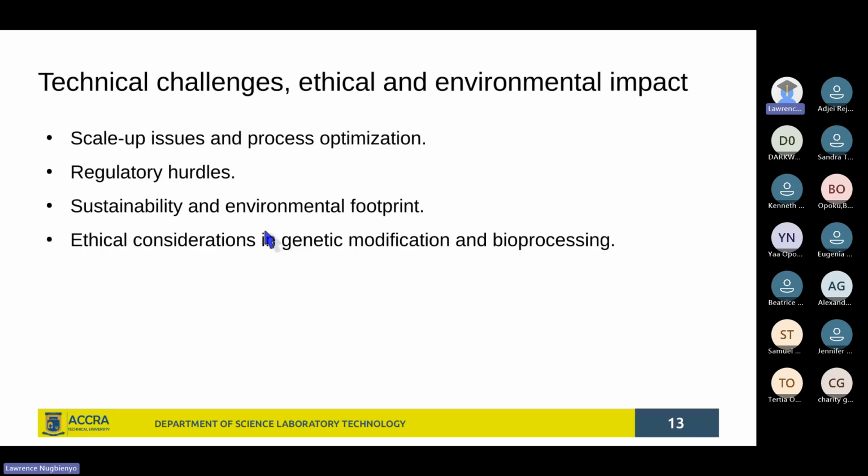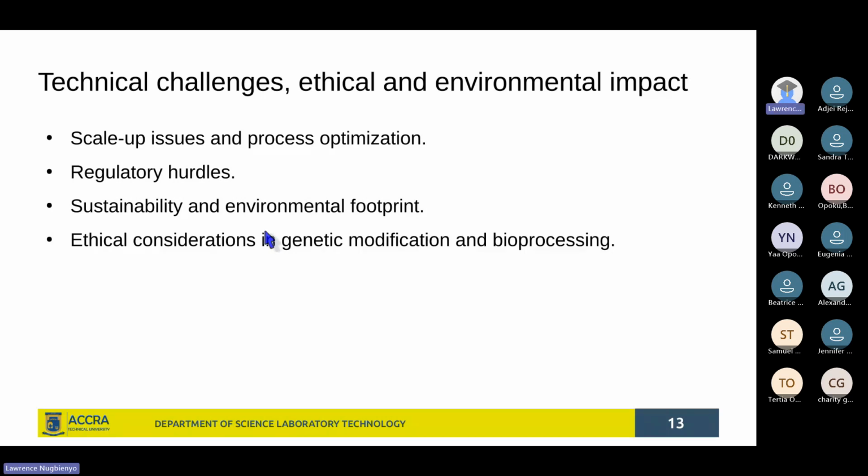So anytime any group of scientists is designing a new technology, these are things that have to be considered: sustainability and the environmental impact of the technology being introduced. Of course, some ethical considerations also come up when it comes to genetic modification of some of these microorganisms in order to have increased yield.